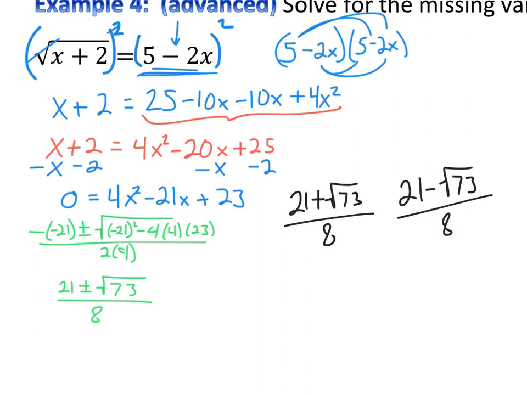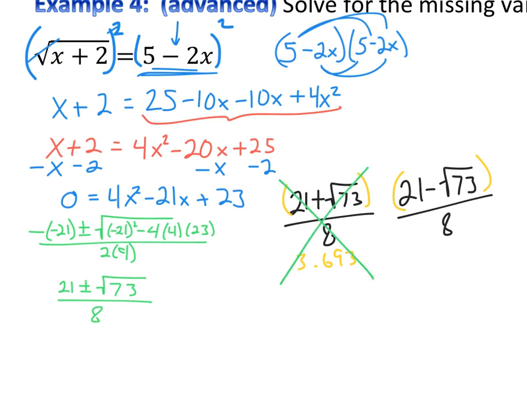I'm just going to type these into my calculator here. I'm going to use parentheses around this when I type it in. So for the first one, 21 plus the square root of 73 in parentheses divided by 8 comes out to be 3.693, which is not the answer that I had.